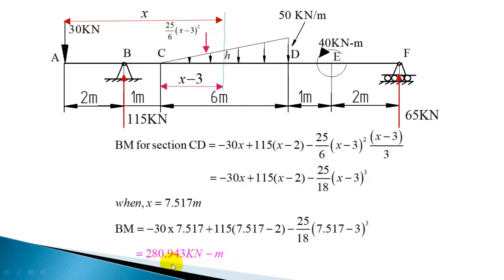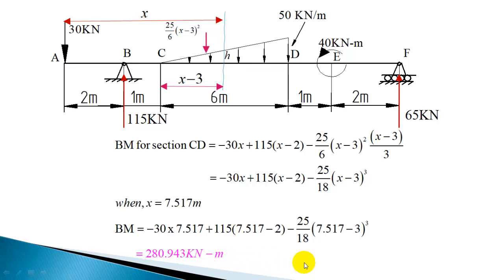So this is the peak bending moment in that section. So we have calculated at C and we have calculated at D, and between C and D there is a peak and the value is 280.943 kilonewton meter. Now we have to mark this value while drawing the bending moment diagram.